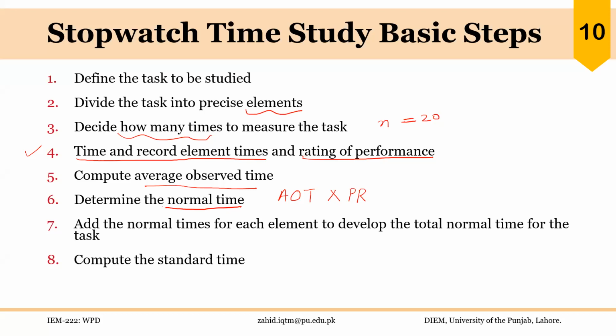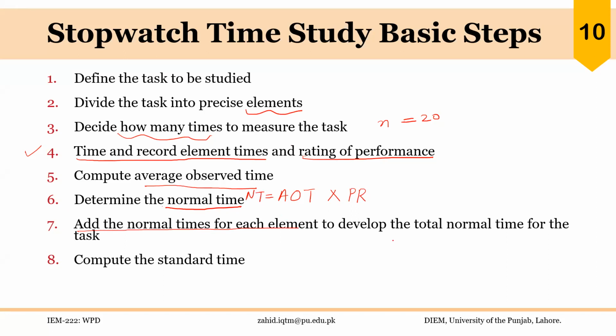Then we have to add some allowances to the normal time if we had one element. And if we had more than one element, then we have to add the normal times for each element. So we come up with the total normal time. And then we will add different allowances. So that will be our standard time.